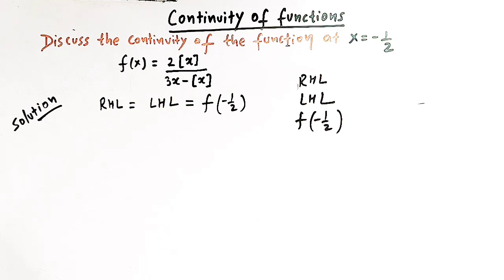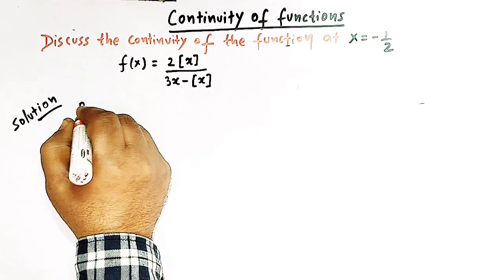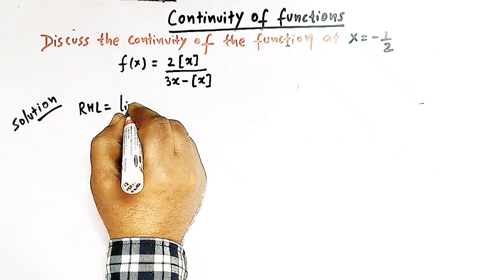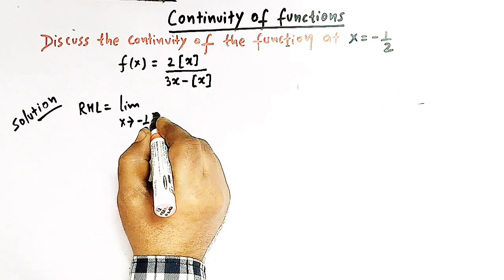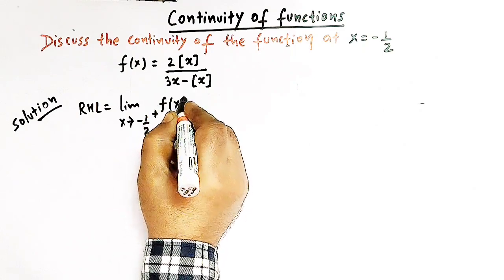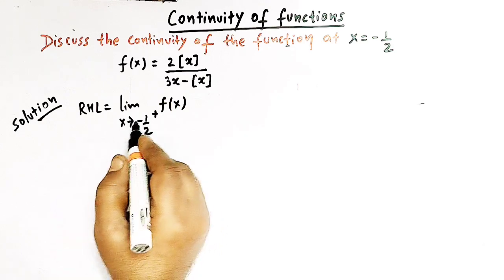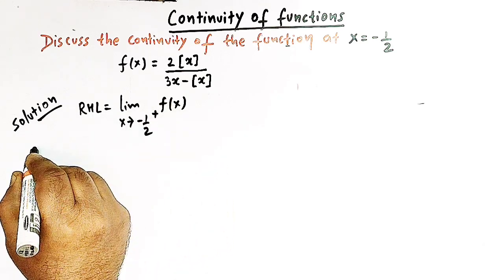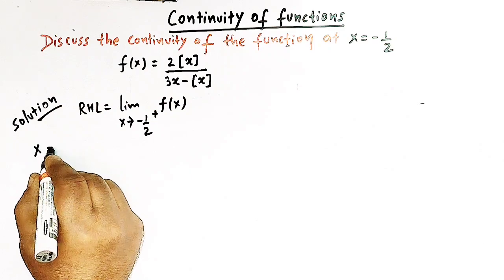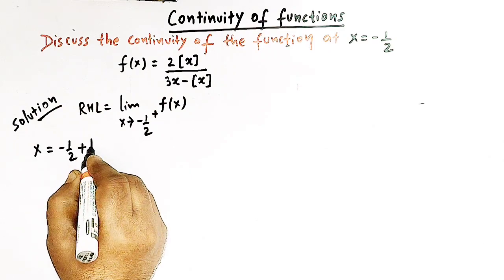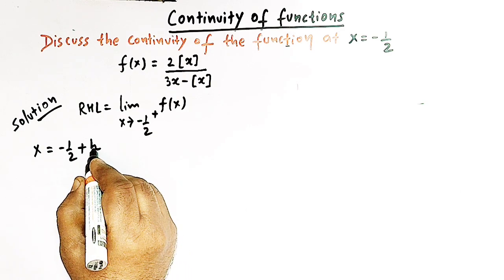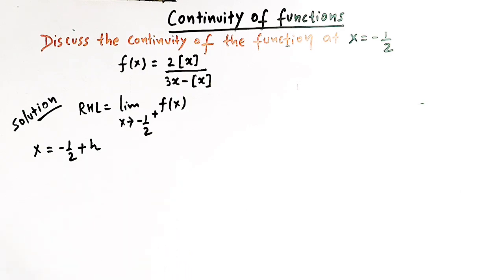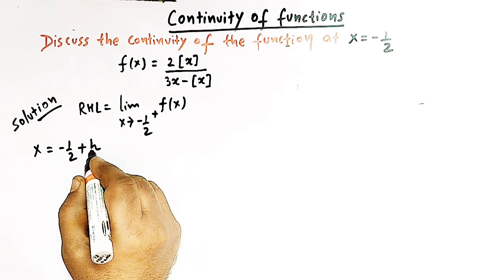So let us start. The right hand limit is given by this notation, limit x tends to minus half, with a positive sign, of f of x, right? To calculate the right hand limit, let us make this substitution, x equal to minus half plus h, where h is infinitesimally very small and lies between 0 and 1.